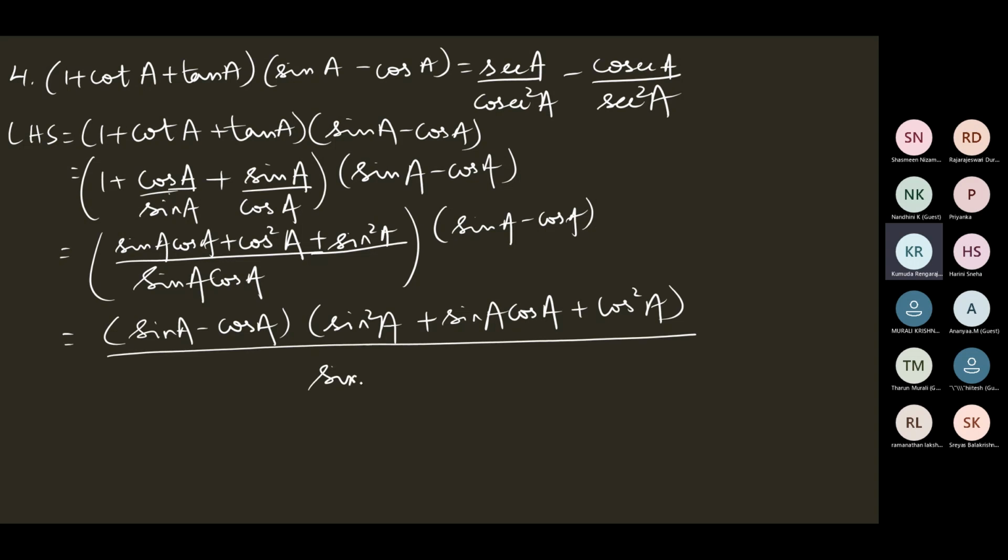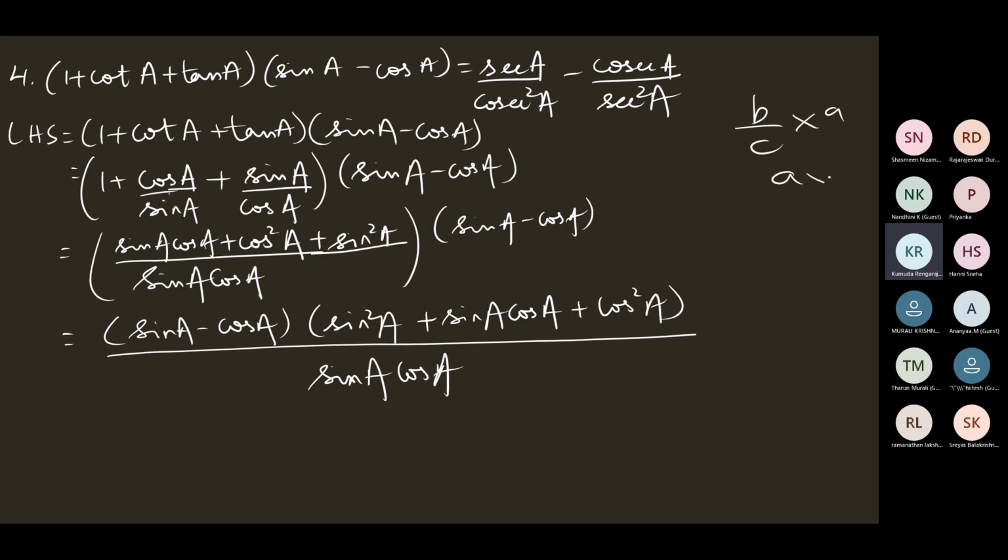Just tell me if you can understand this. You'll have to multiply the numerators and multiply the denominators. So I've written sine A minus cos A first, into sine square A, then sine A cos A, then cos square A, divided by sine A cos A. See, what will you do when you have B by C into A?